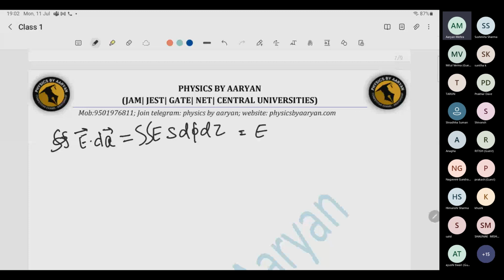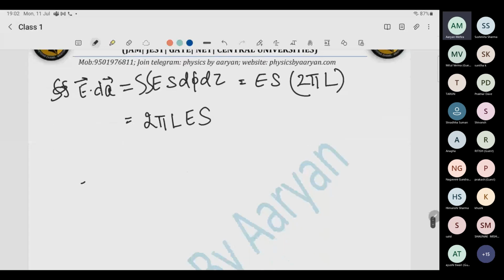E we can bring out, S we can bring out, and d phi dz will be 2 pi into L. You can easily do this calculation: 2 pi L into E into S. So now just equate both things.